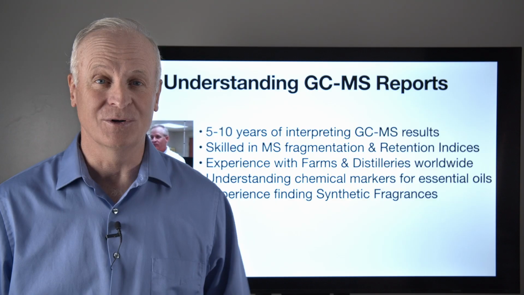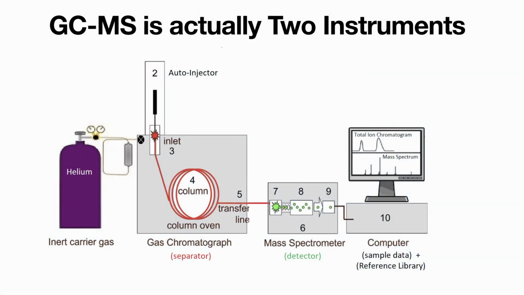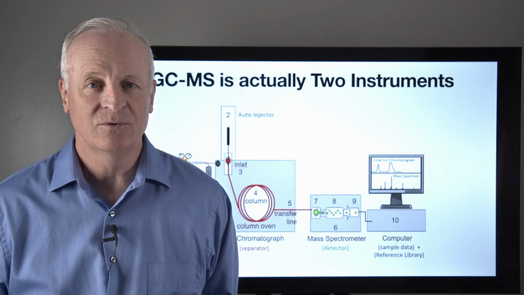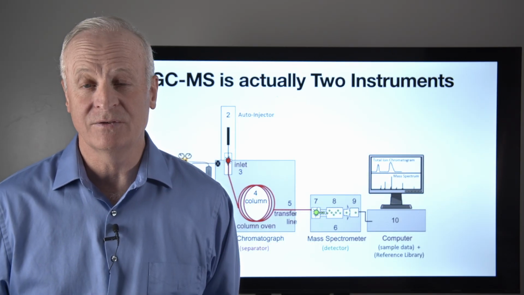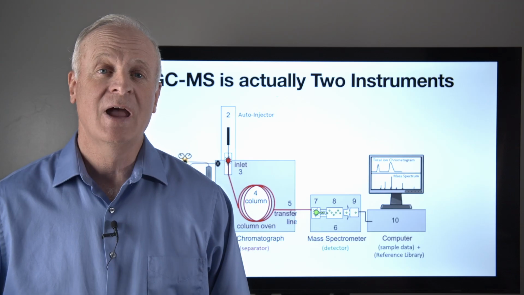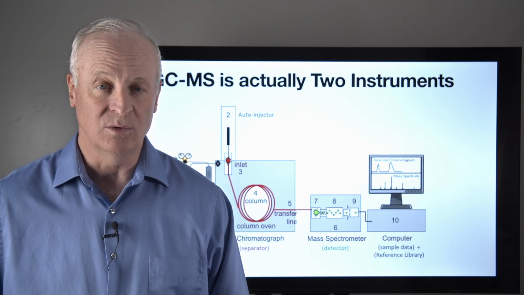Now, with all that, those are the requirements for understanding and interpreting GCMS. Quite daunting, of course. This is an outline of what a GCMS looks like. It's actually 2 instruments. You have a GC and you have a mass spectrometer, and you put them together and you have a GCMS. In the next few videos, we will talk about GC and then we'll talk about MS, so you can understand how they work in principle.